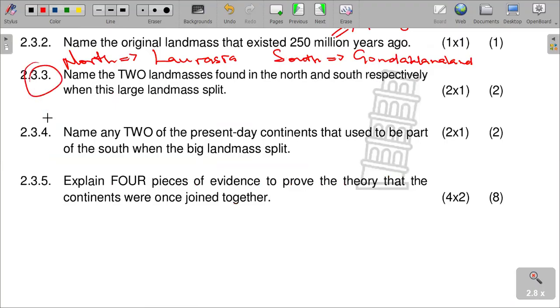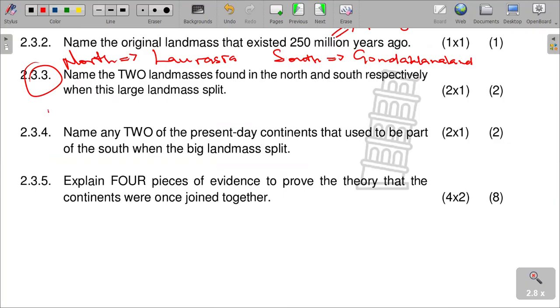That is question 2.3. Name any two of the present day continents that used to be part of the south when the big landmass split. We are saying name two present day continents that used to be part of this one.